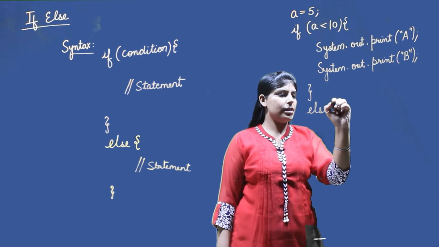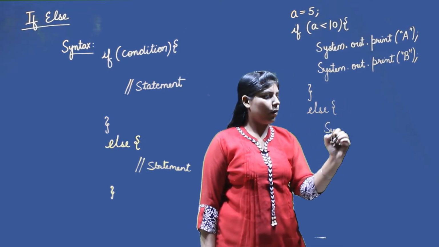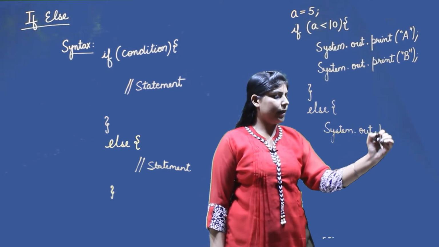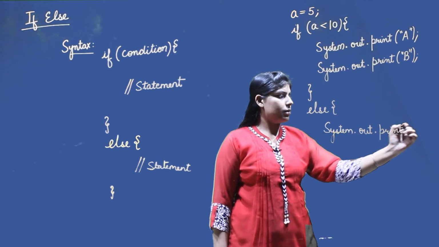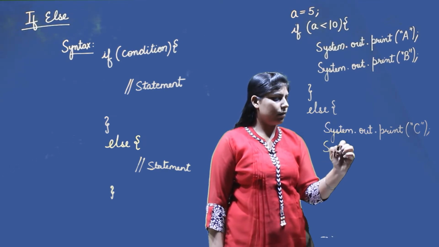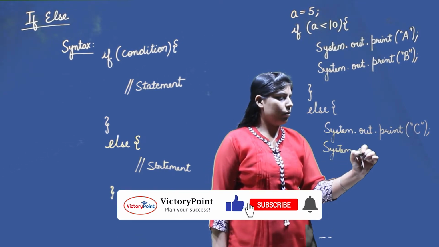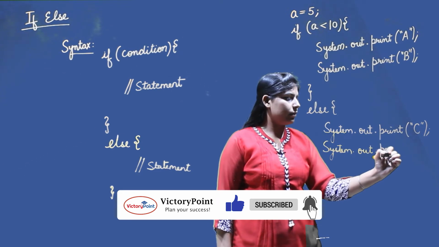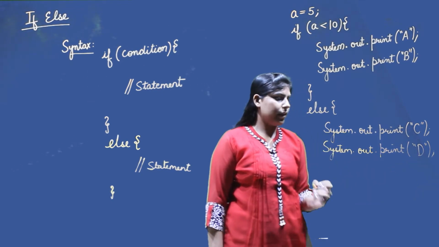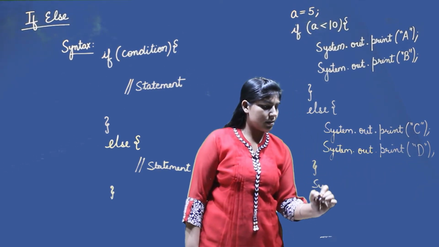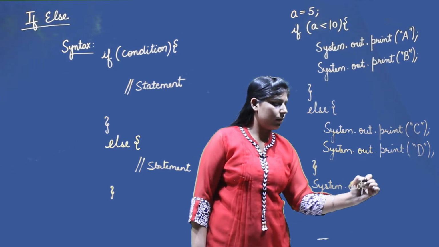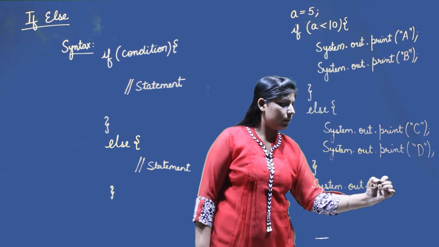Then I'll start the else block, System.out.print(c), System.out.print(d), and after the else block I have a statement System.out.print(e).